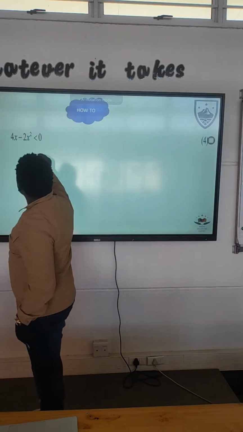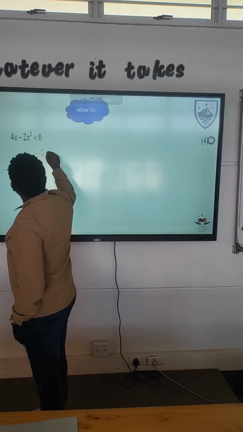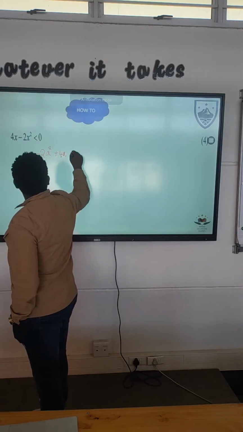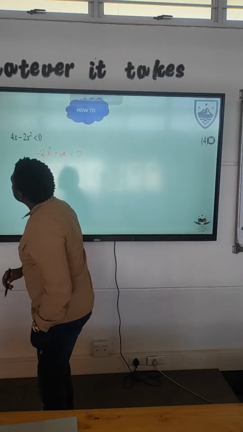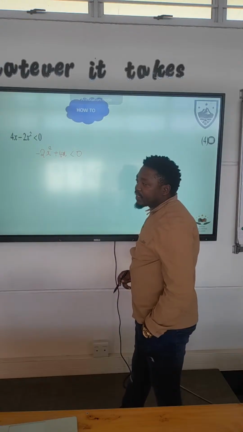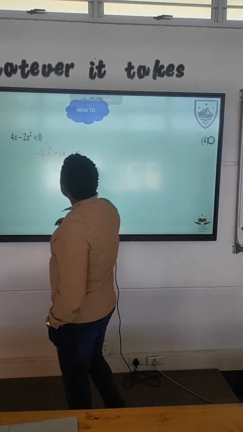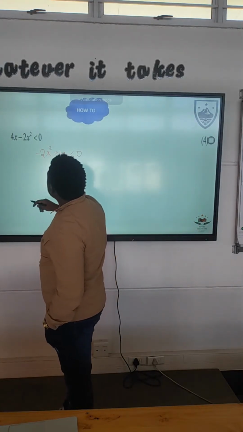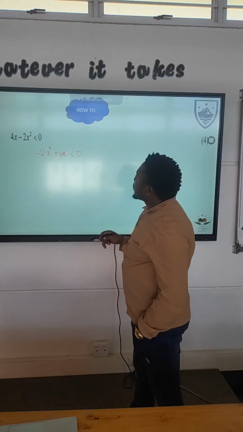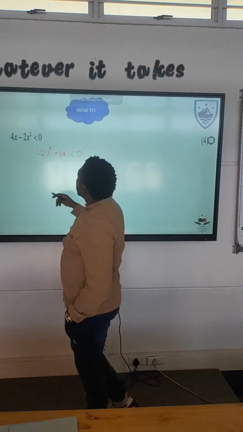So this will be negative 2x squared plus 4x is less than 0. And then, like I said, I don't like to work with an a that is actually negative. The same applies to people who are negative. I also don't like to work with people who are negative. The same applies to maths.